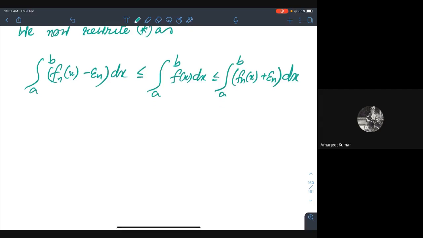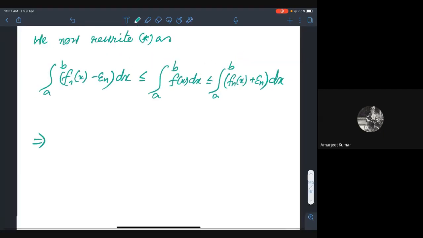All right. Now from here you subtract the integration of fn(x) dx from each of the terms.